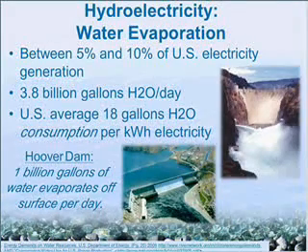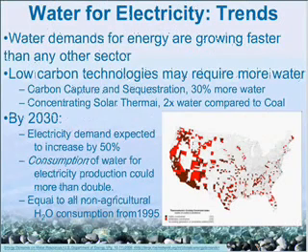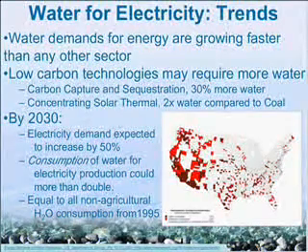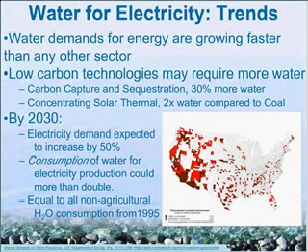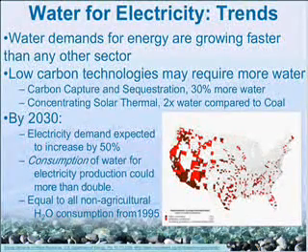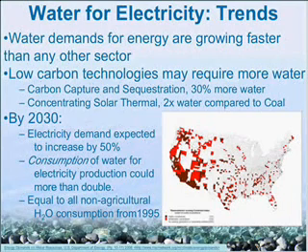Now, there are a number of interesting trends that we're seeing with water for electricity. Overall, thanks to the efforts of environmental organizations and concerned consumers, water demand overall has been pretty steady in the last 15 years. But water demand for the energy sector has grown faster than any other sector and will continue to do so for a number of reasons.